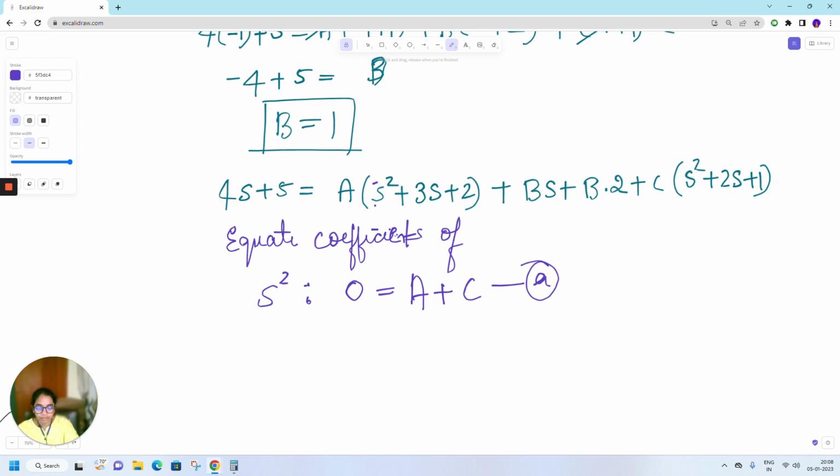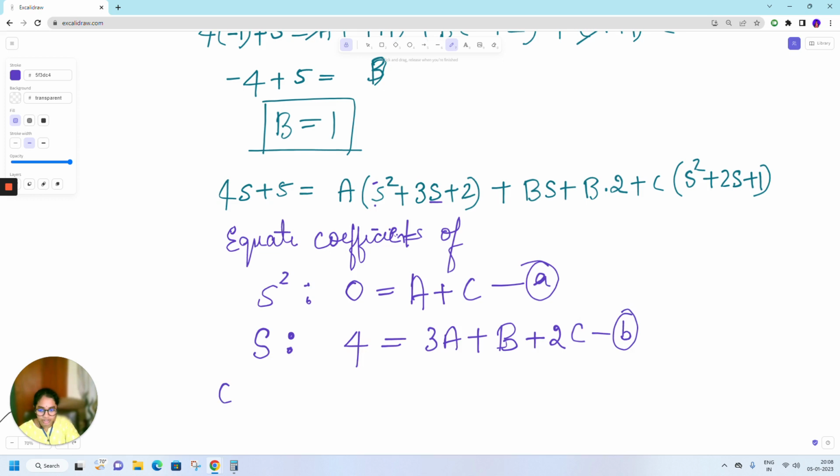Correct? Now, what would be the coefficients of s? On the LHS we have 4. In the RHS I have 3a, right? So this is s. A into 3 is 3a, plus b here, plus 2 into c. Let me take this as equation B now.